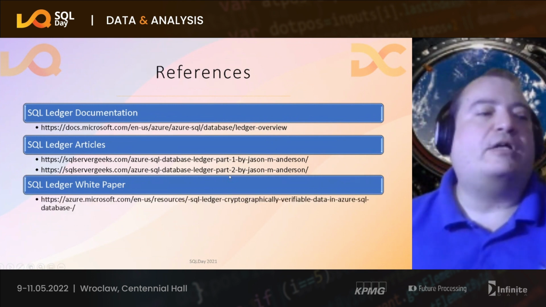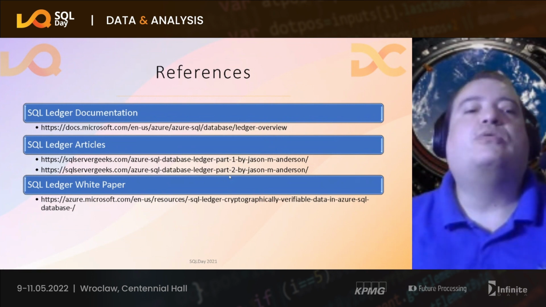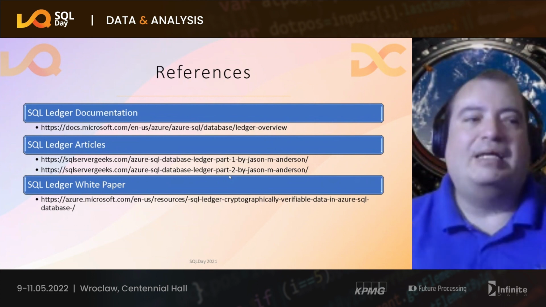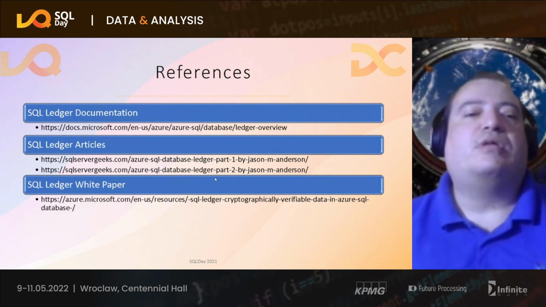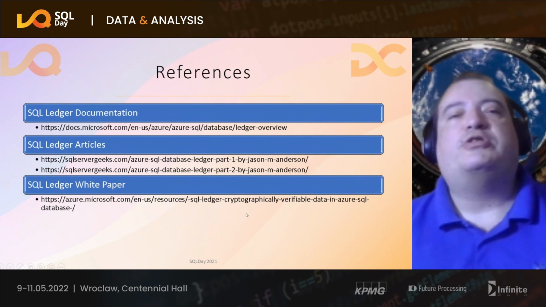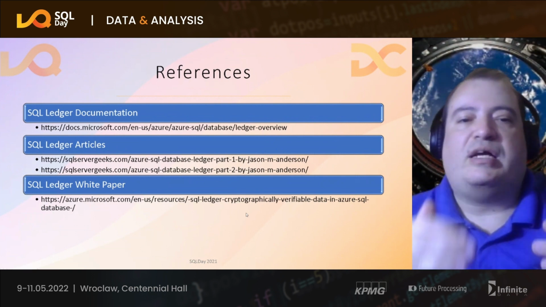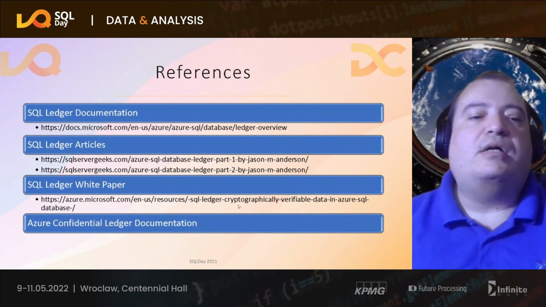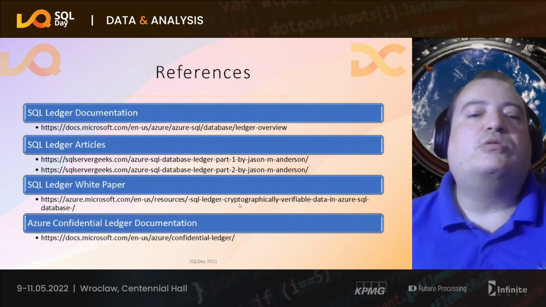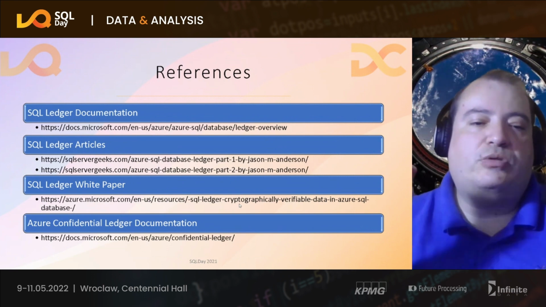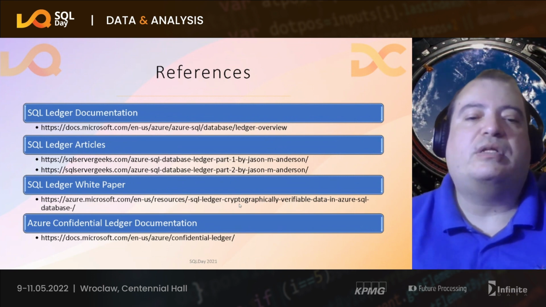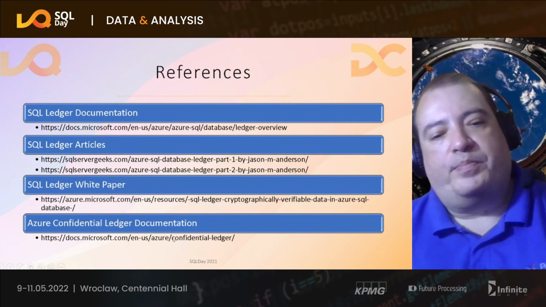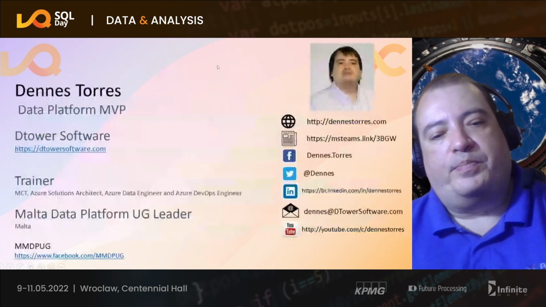If you would like to blow your mind about how SQL Ledger works, go to the white paper, a 13-page document which explains deeply how SQL Ledger works and how it prevents many different kinds of attacks over your data. And also the Azure Confidential Ledger documentation about this optional external storage which we can use.